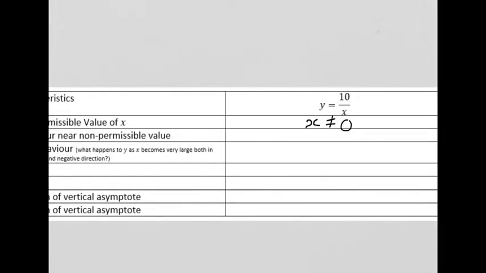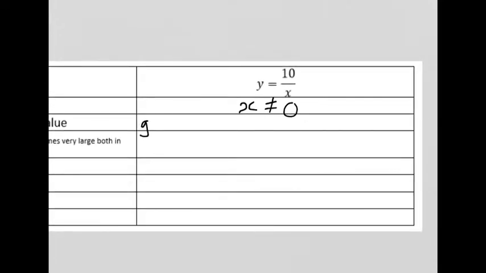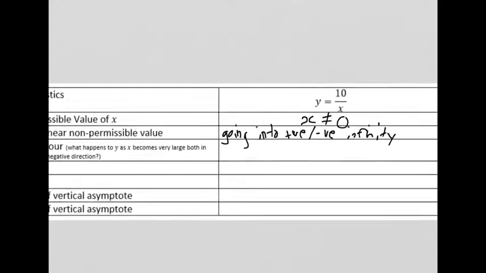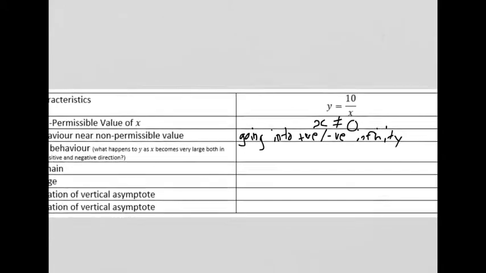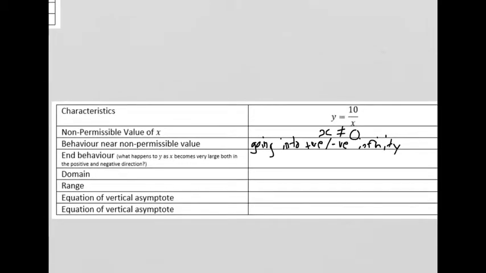We could say, maybe more formally, going into positive and negative infinity. It's maybe a better way of saying it. But it is running away, right? Because it's continually dividing by a smaller and smaller number. And when you divide by something between 0 and 1, it actually makes it bigger, right? So that's why it goes into positive and negative infinity.